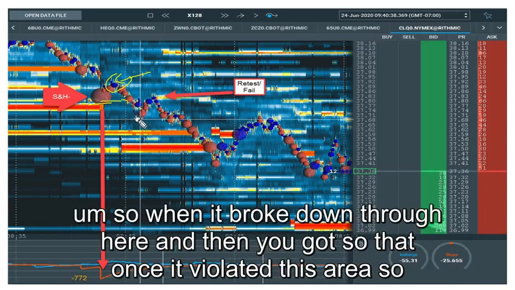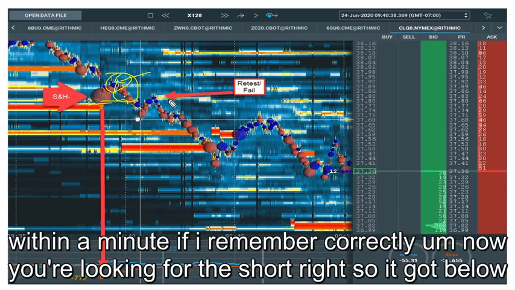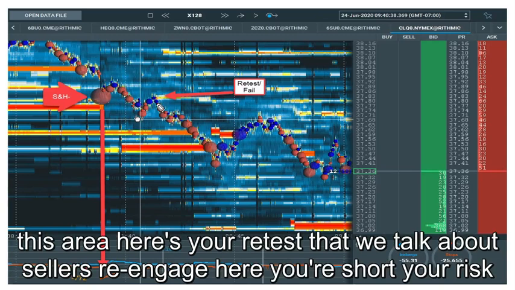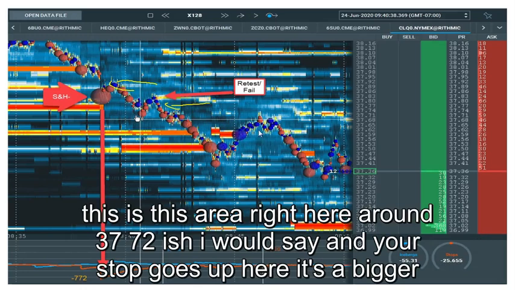So when it broke down through here, once it violated this area, it tried to be the Dumb and Dumber, and then the sellers engaged immediately. And again, this was within a minute, if I remember correctly. Now you're looking for the short, right? So it got below this area. Here's your retest that we talk about. Sellers re-engage here. You're short. You risk above this area here, around 37.72, 2-ish, I would say, and your stop goes up here.